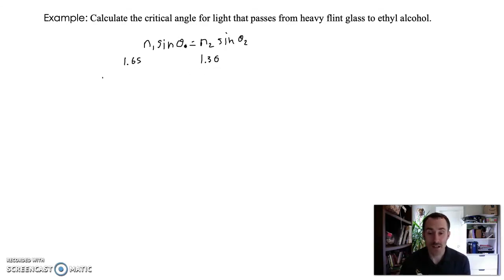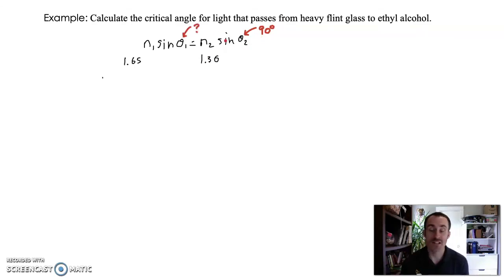Theta 1 is the angle of incidence. Theta 2 is the angle of refraction. And if we remember, the critical angle is the angle of incidence that causes a 90-degree angle of refraction. So what we need to do is put in 90 degrees for the angle of refraction, and we're searching for theta 1.